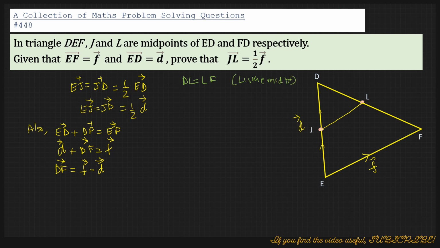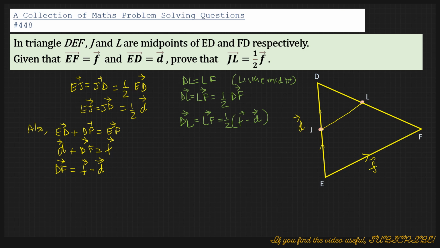So we know DF, so we can write DL equals LF equals half of DF. So we will now write DL equals LF equals half of f minus d.